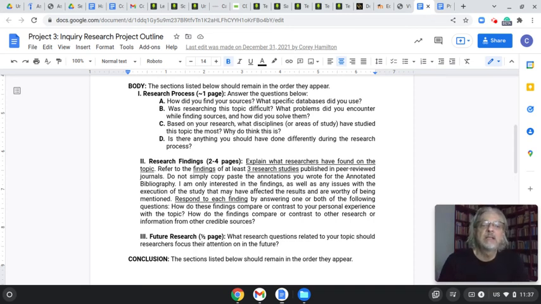So to give you some guidance, I say respond to each finding by answering one or both of the following questions. How do these findings compare or contrast to your personal experience with the topic? How do they compare and contrast to each other, the research and the information from other credible sources?